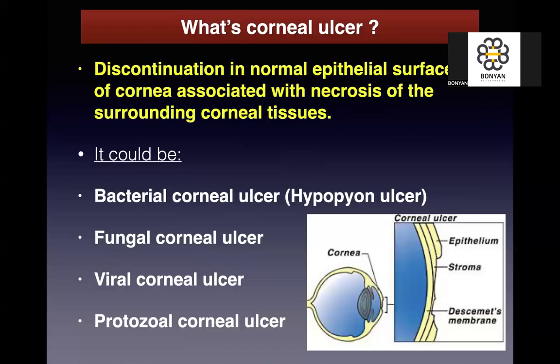So the corneal ulcer could be a bacterial corneal ulcer, one of its synonyms being the hypopyon ulcer. Second type, fungal corneal ulcer, viral corneal ulcer, and finally protozoal corneal ulcer. And these are the types of infective corneal ulcer.